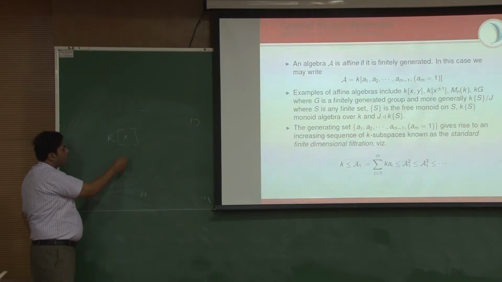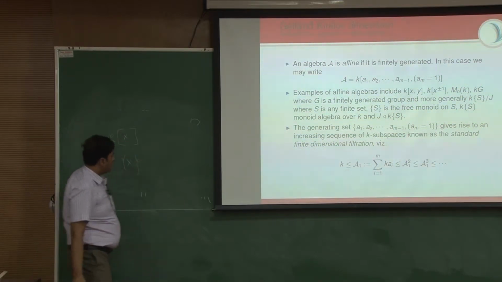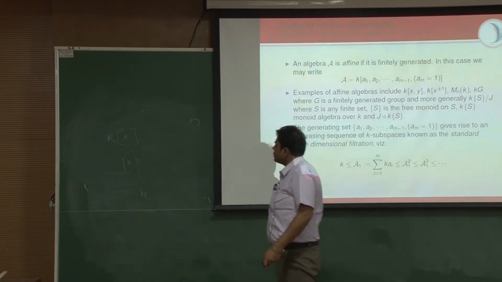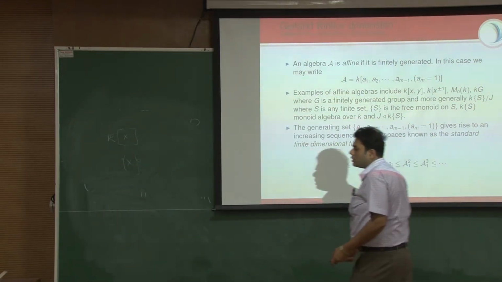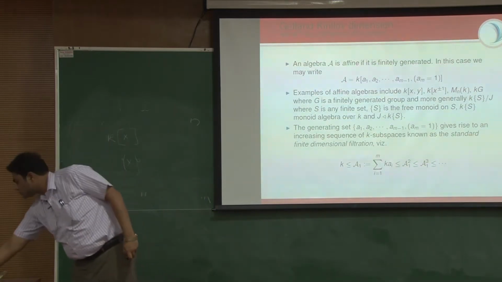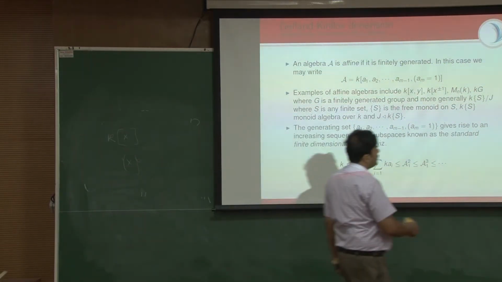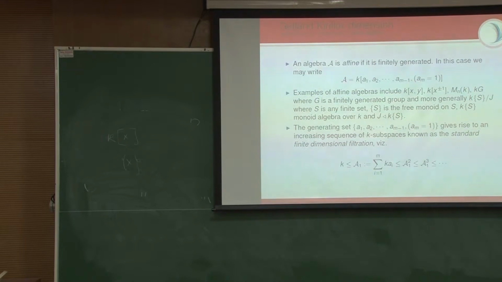As you know, it's generated by this one variable x over the field K. So this is a very simple example. Let us take K[x,y], whose generating set is x and y. So it's generated by x and y.